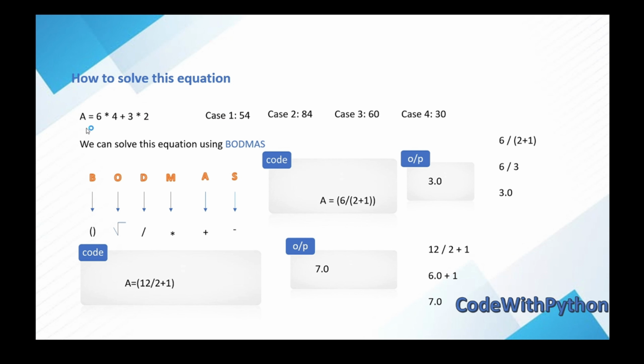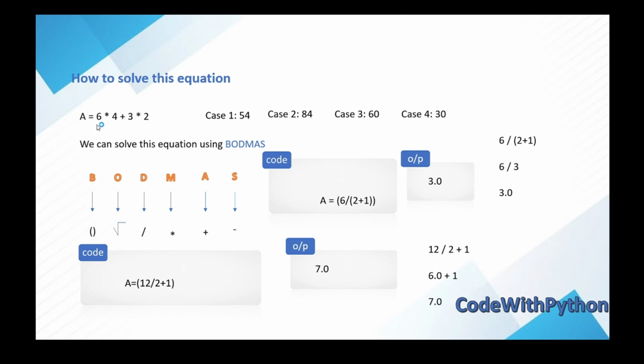Next, case 2. What I have done here is add 4 plus 3 first. 4 plus 3 is 7. So 6 into 7 is 42. 42 into 2 is 84. Case 2 is 84.